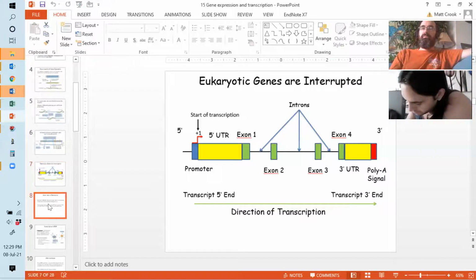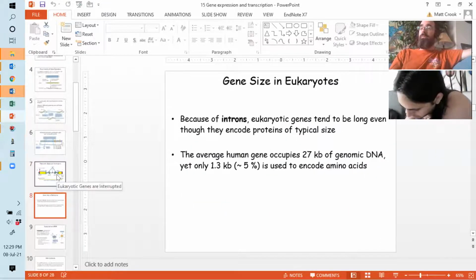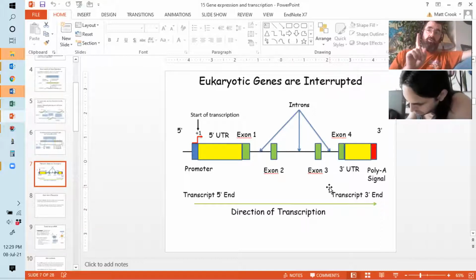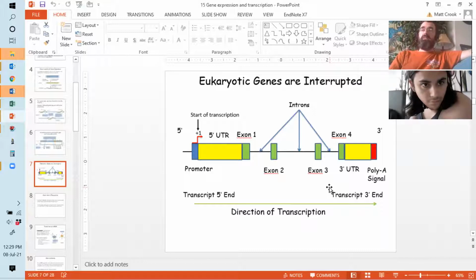Now, one of the funky things is, though, right? These introns, and each eukaryotic gene has at least one intron, right? Guaranteed. Their size can vary from being kind of small, like 50 base pairs, like dinky tiny, to thousands upon thousands of base pairs, right?